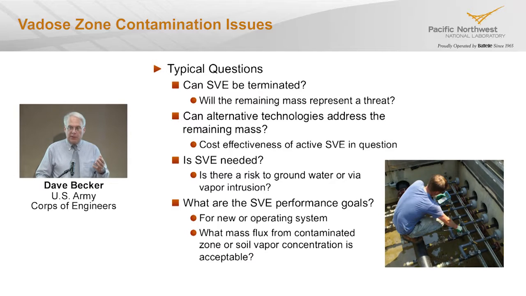You may actually have a fairly state-of-the-art mass flux estimate, what mass is being released by the remaining sources within the vadose zone, and have some estimate of that. How can we use the soil concentration data, if we've taken some samples, or the soil vapor data or the mass flux data, to evaluate whether or not we can turn our SVE system off?